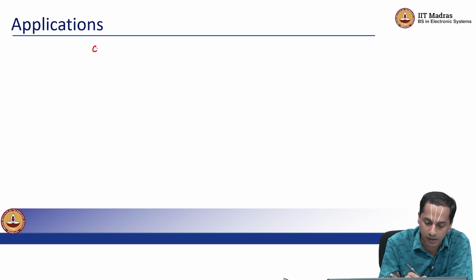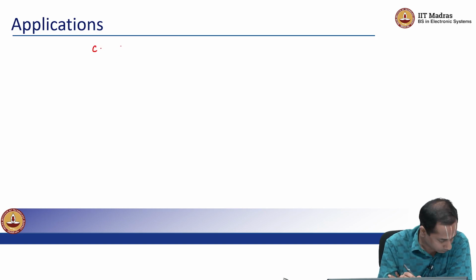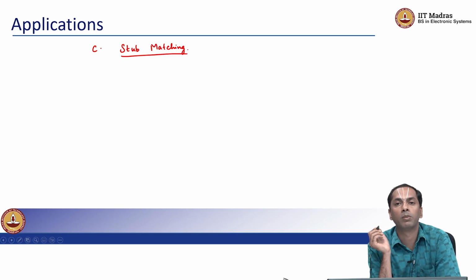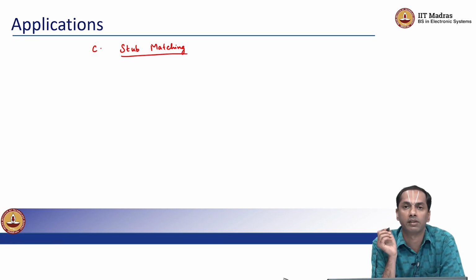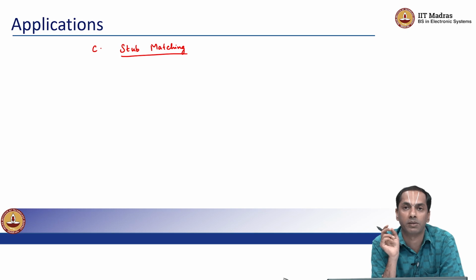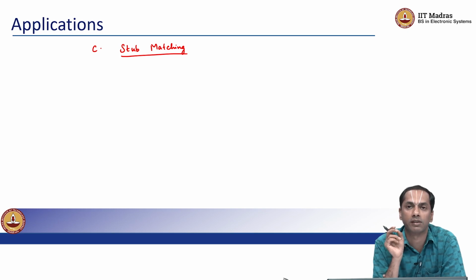And the last application is called stub matching. Remember, in the quarter wave transformer case, we had to introduce a new transmission line of a different characteristic impedance. Usually this is not very trivial.